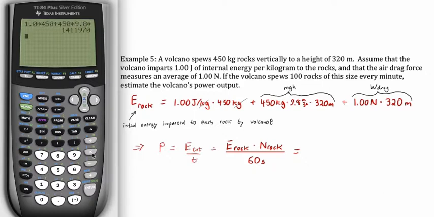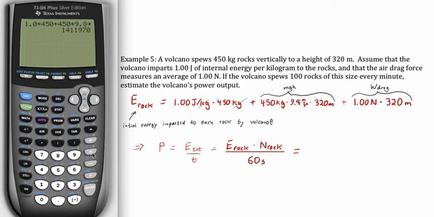So we have about 1,411,000 joules per rock. They're big rocks being flung to a very high height, and obviously the amount of energy going to drag is not that significant. It's mostly just the fact that they're being lifted up. Although we do have 450 joules per rock, 450 is a tiny drop in the bucket of 1 million.